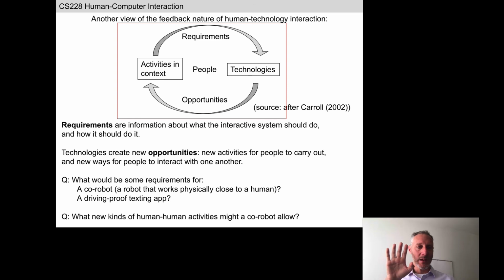If we take a few steps back and think about large numbers of people carrying out related activities in a given context, and a constellation of technologies, not just one smartphone or one drone, but a whole bunch of technologies meant to support that group of people, we get a much larger and slower feedback loop, which is, we analyze people, activities, and context, and we distill that down into a set of requirements.